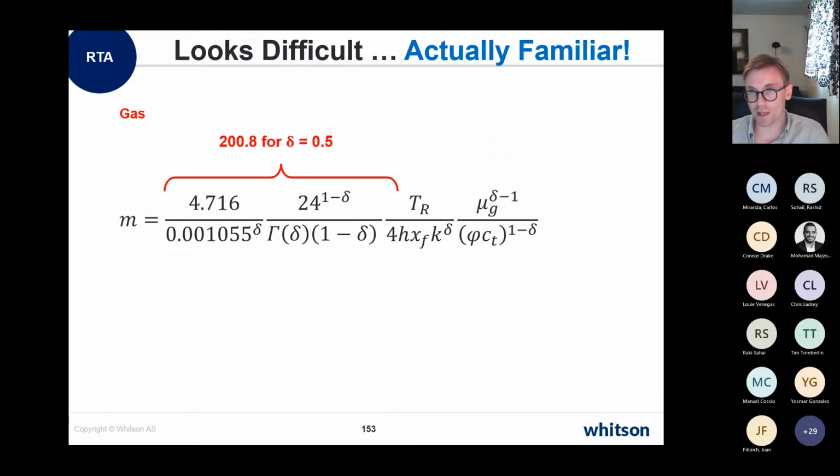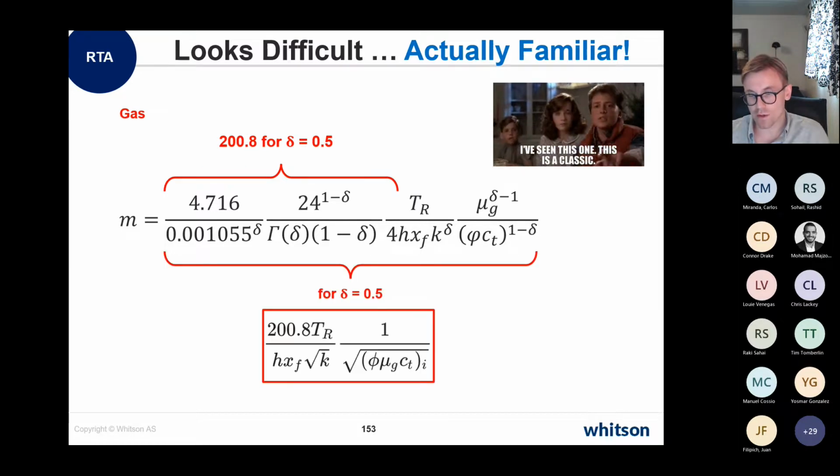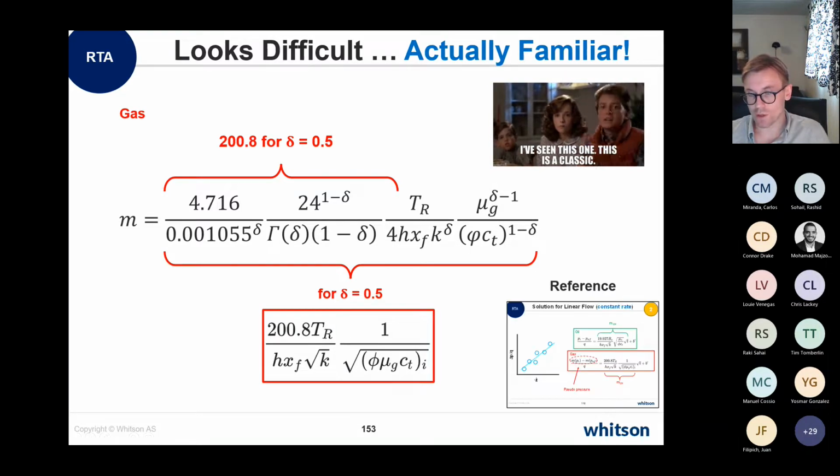Same for gas. If you plug in a delta of 0.5, you get 208. Again, this is also familiar stuff, and we've seen this in the past as well, this guy right here and the same reference. So it's just a more generalized version of the equations that we're already using.